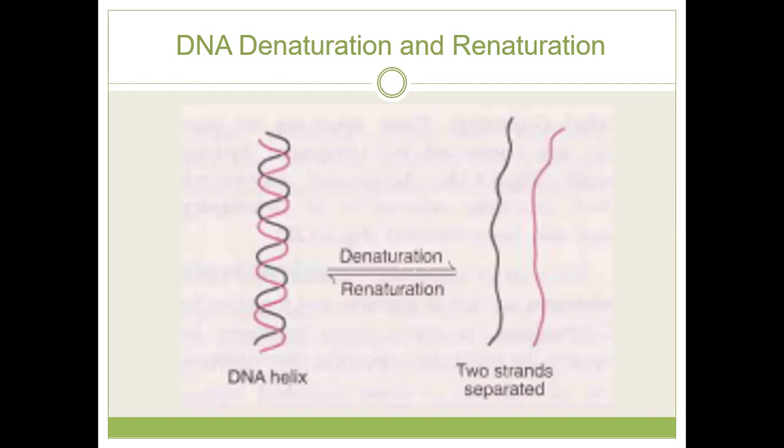Another thing we said is that pH, both alkaline and acidic, can break these hydrogen bonds. The salt concentration can also break it. And melting temperature is the temperature at which half of the DNA will lose its helical structure, leading to formation of DNA single strands.